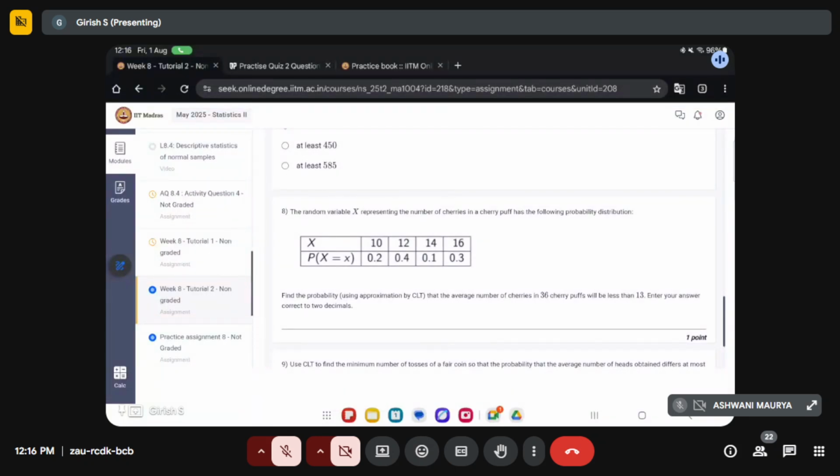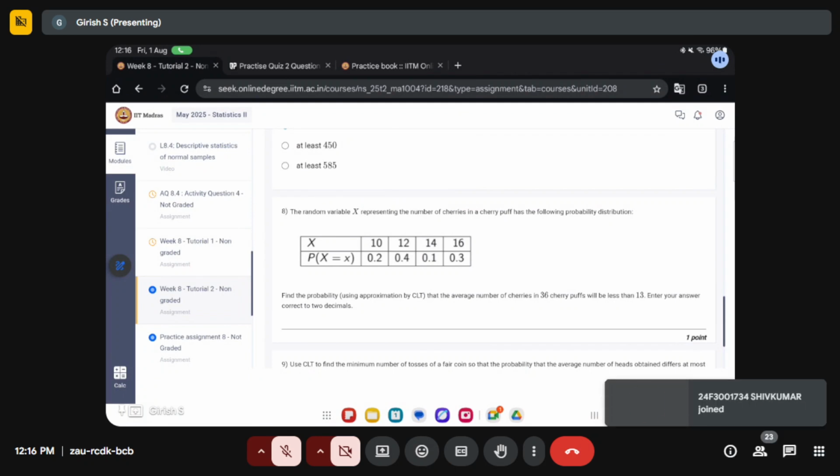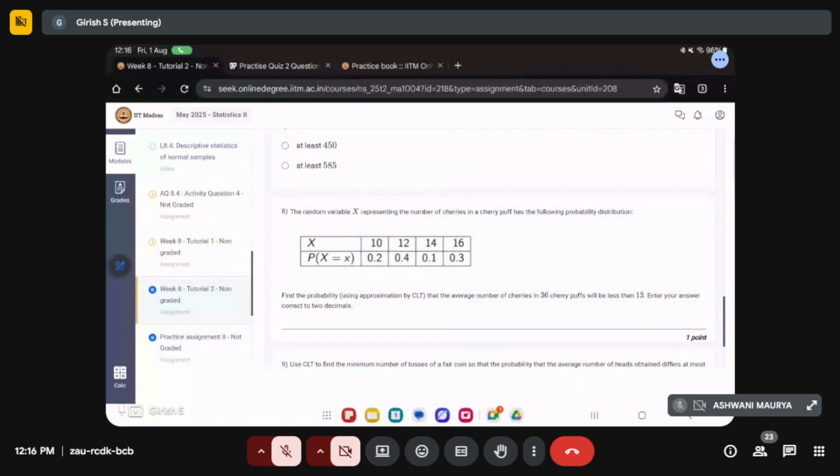So you are given a random variable x, right? This is representing the number of cherries in a cherry puff, and it has the following probability distribution. Find the probability that the average number of cherries in 36 cherry puffs will be less than 13.